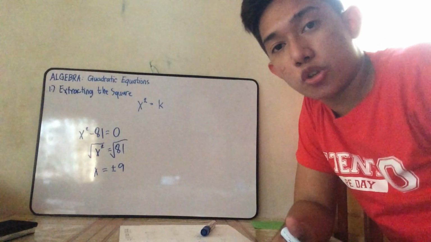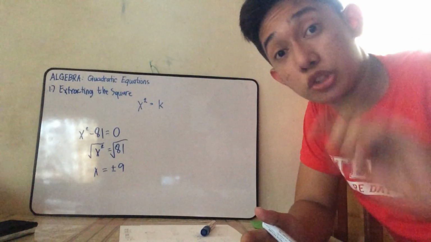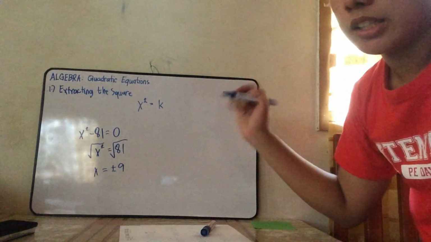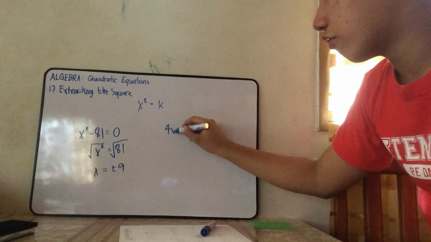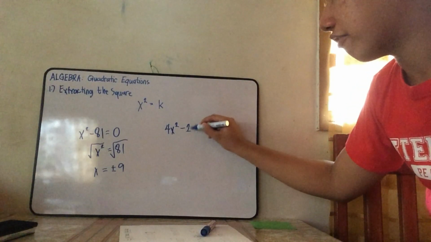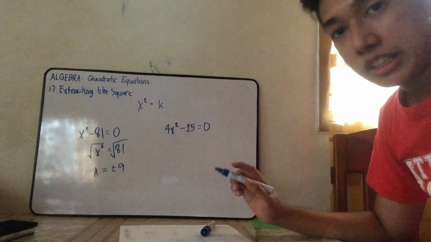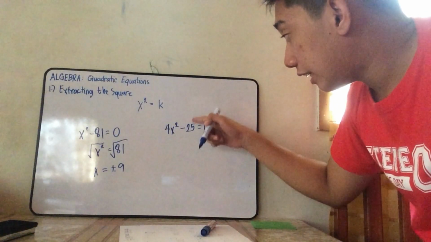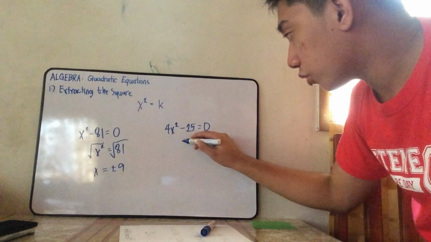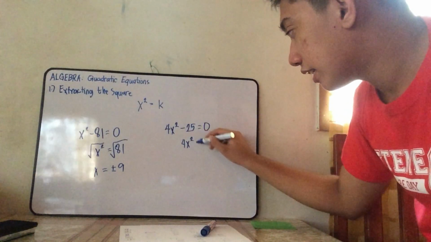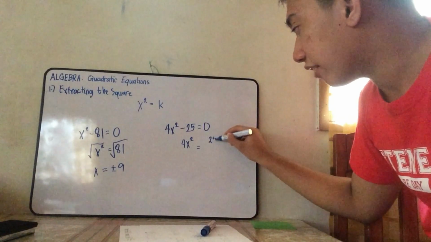So if you have questions, if I am going too fast, just comment. Okay? Number 2, how about this one? 4x squared minus 25 is equal to 0. So, what we will do here, guys, is move the 25 here. So, it will become 4x squared is equal to 25.